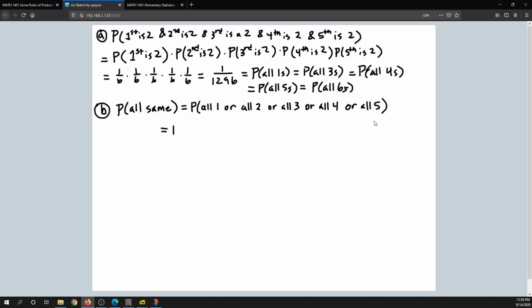So that means that we can use the specialized addition rule that says that this is going to be the probability of all ones plus the probability of all twos plus the probability of all threes plus the probability of all fours plus the probability of all fives.